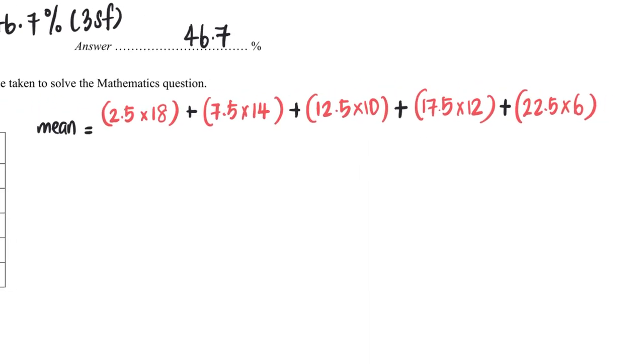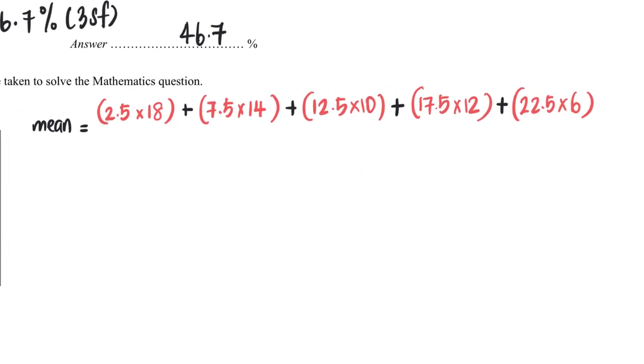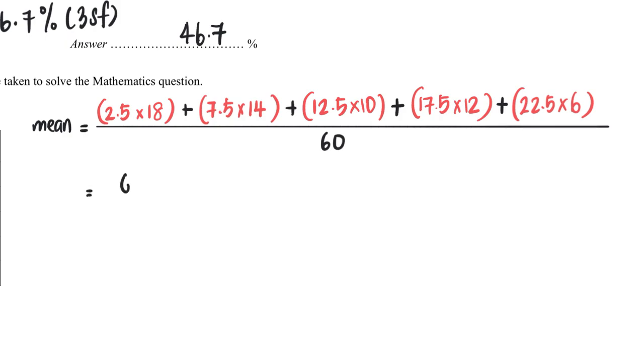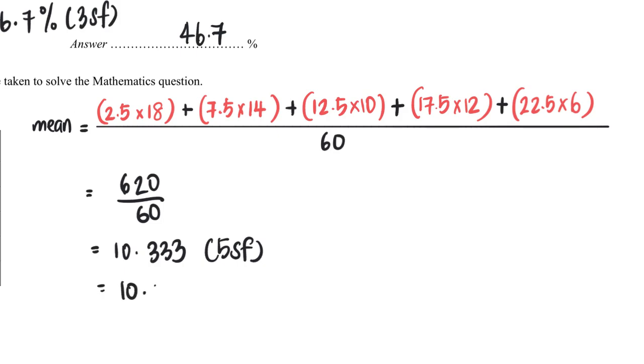And after which, this whole value is over the total number, which is 60. So I will get 620 divided by 60. Final answer 10.333 to 5 SF, followed by 3 SF.